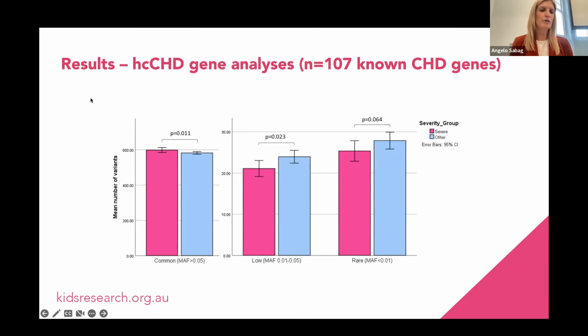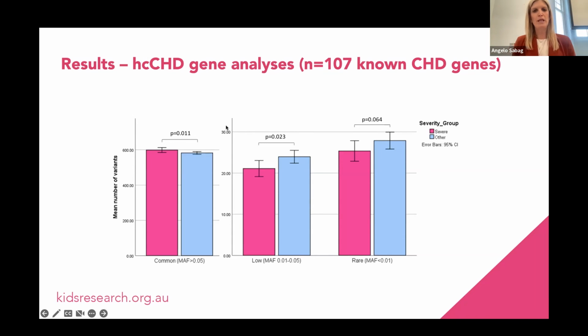We found a significant increase in common variants among patients with severe forms of disease as compared to those who had simpler forms of disease. Conversely, we found that patients with more severe forms of disease had significantly less low frequency and rare variants compared to those children who had simpler forms of disease.